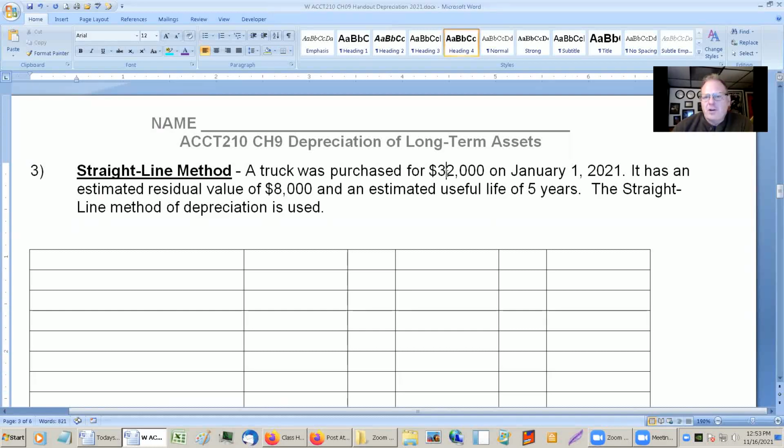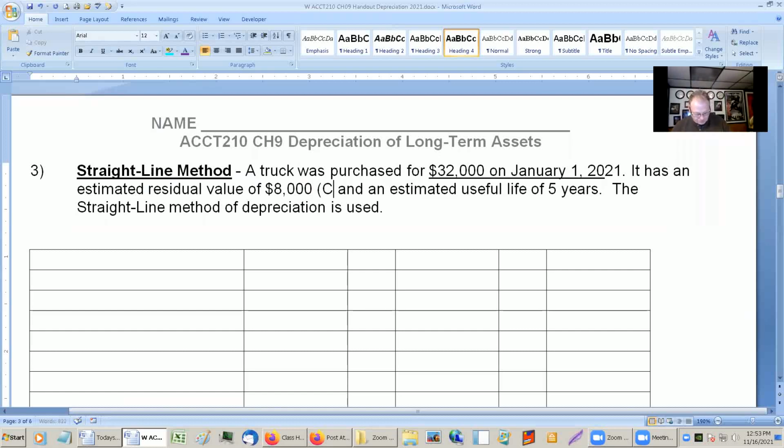A truck was purchased for $32,000 on January 1st. It has an estimated residual value, so this is what we're going to get back. Usually a cash sale.